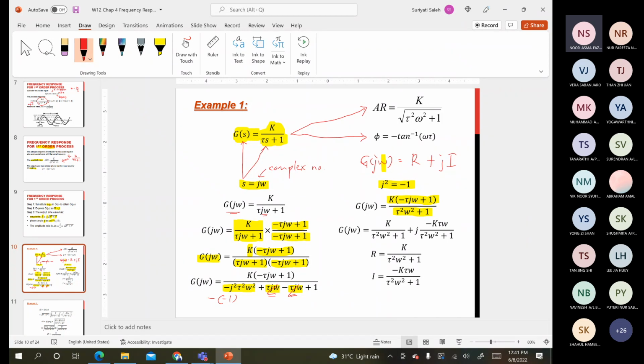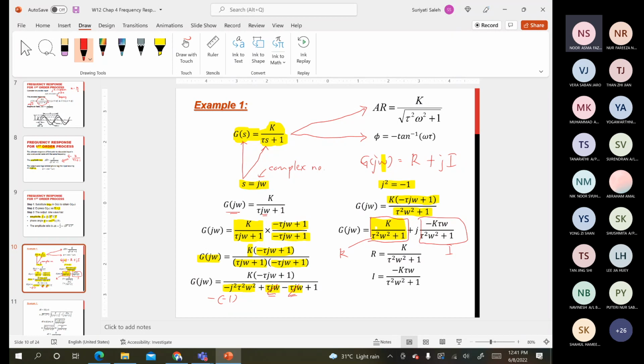When we expand the equation, you get K over tau square w square plus 1, and then plus j negative K tau w over tau square w square plus 1. That means this part represents your R, and this part represents your I. So we have the R and I elements.